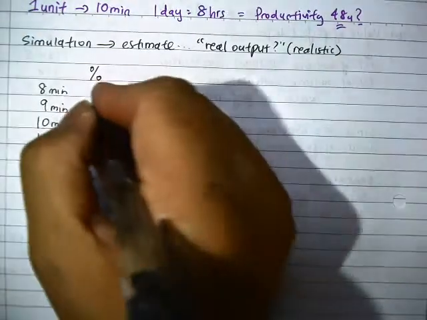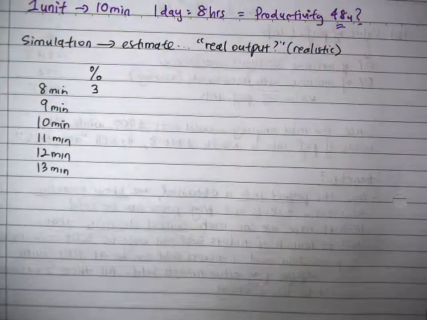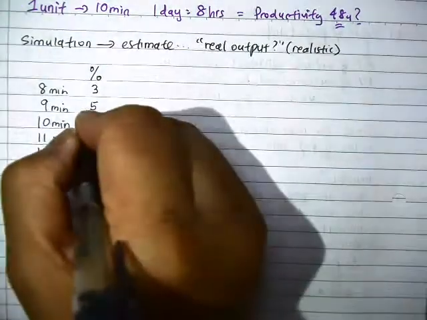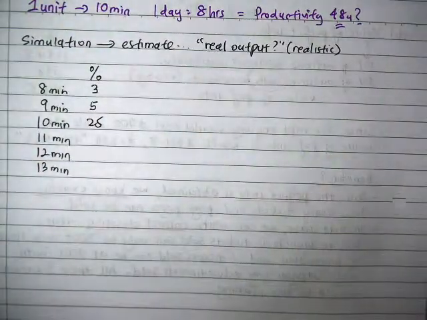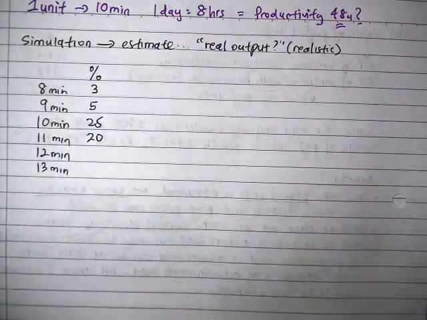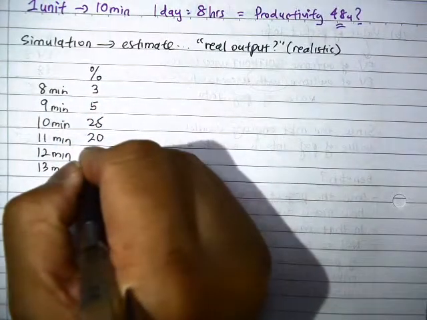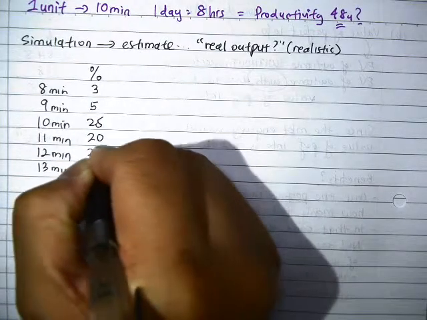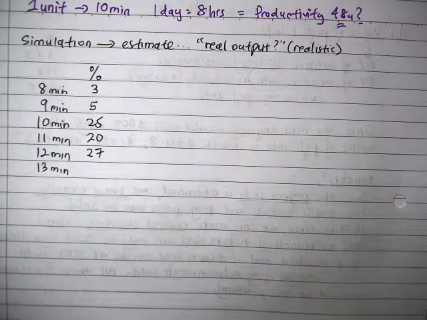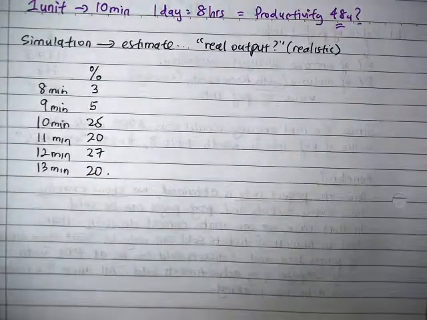Let's say we have a 3% chance that it takes 8 minutes, 5% chance is 9 minutes, 25% is 10, 20% is 11, 27% is 12, and 20% is 13.